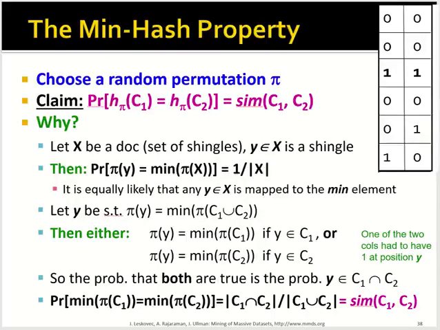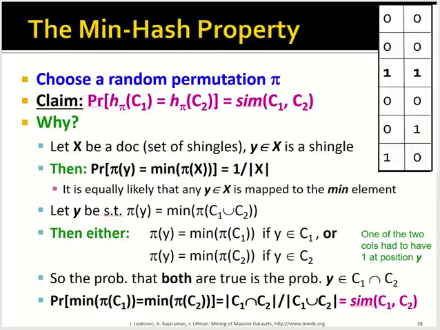The reason is that if we let X be a document composed of a set of shingles, and Y belonging to X is a randomly chosen single shingle, then the probability that Y would be chosen to represent the minimum value of X is 1 divided by the absolute value of X.